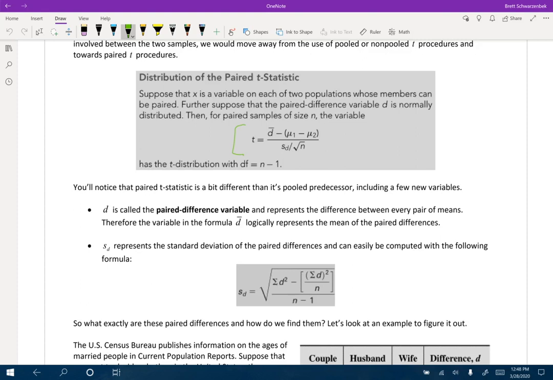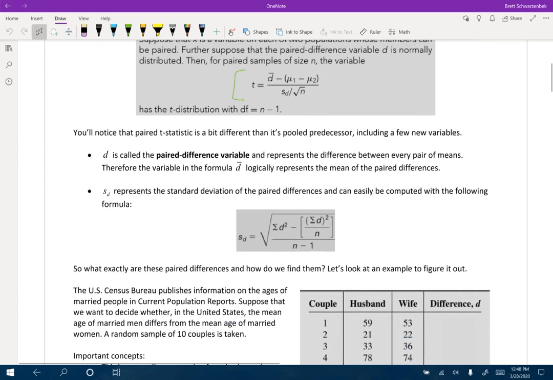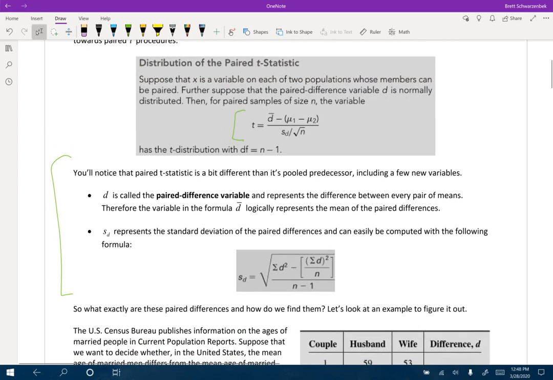So we basically have this setup where we have something called d bar minus (mu1 minus mu2) over s sub d divided by root n. So what I'm going to do underneath this is talk about this formula and what it all means. Okay, so what is d exactly?